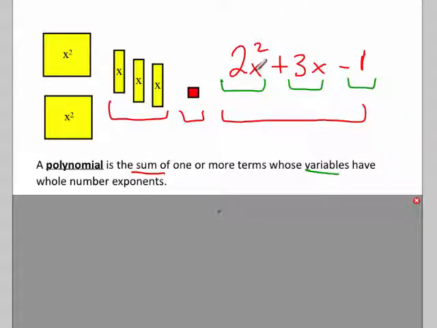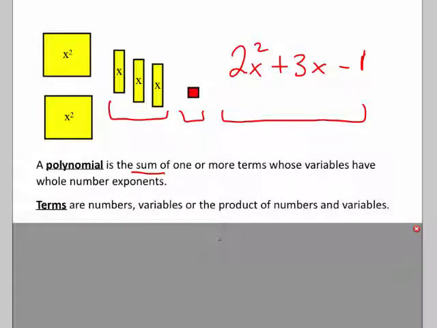In term 1, the exponent on the variable is a 2, which is a whole number. In 3x, the exponent on the x is a 1, that's a whole number. And then we have just the plain old 1 at the end that has no variable at all. That's what we call a polynomial: the adding and subtracting together of terms whose variables have whole number exponents.